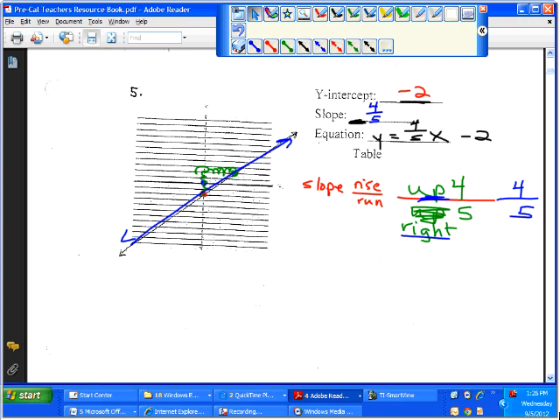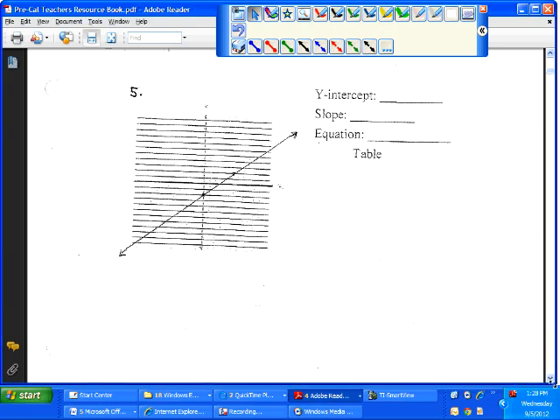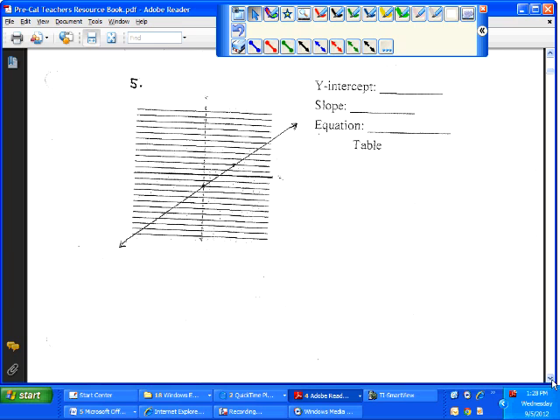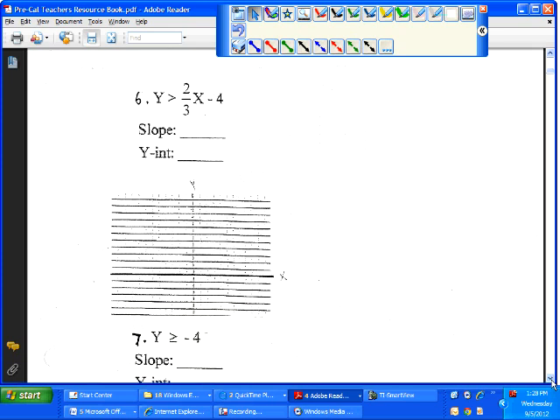Okay. Number 6. Now we're moving to linear inequalities, which is way over in chapter 5.